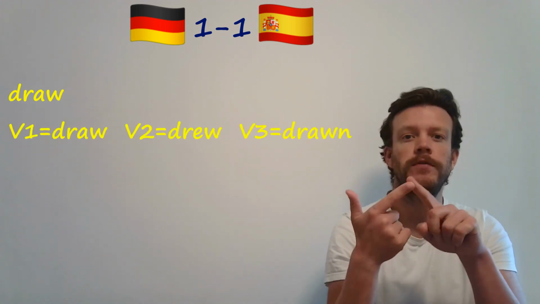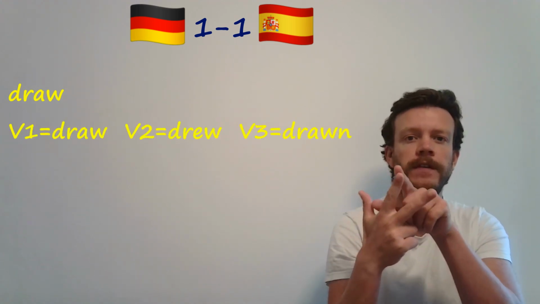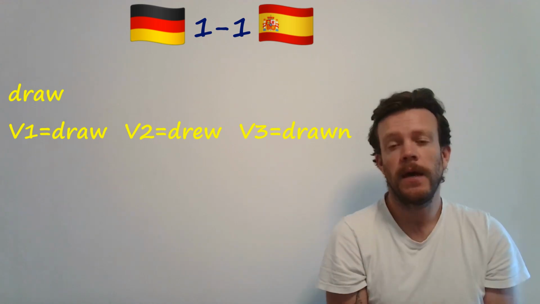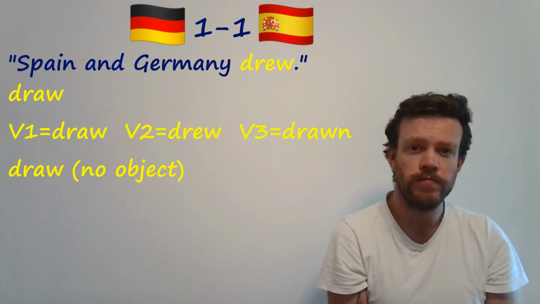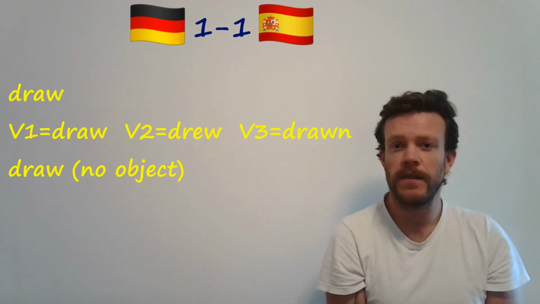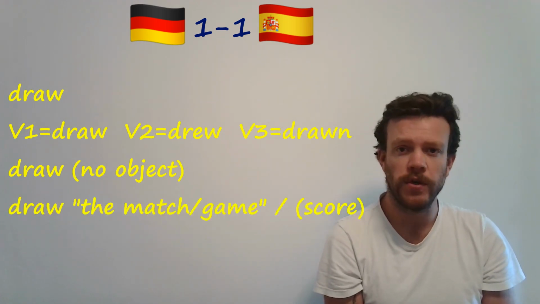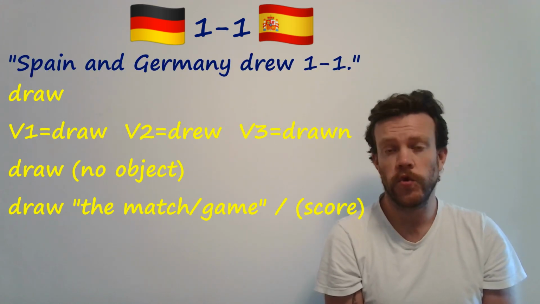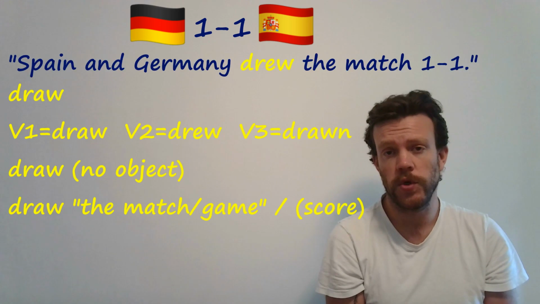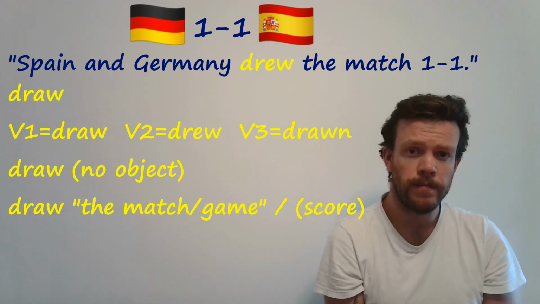And finally, it's a similar thing with the verb draw. Draw, drew, drawn: V1, V2, V3. And we use this with no object. Spain and Germany drew. We use it with the match or score, or match and score. Spain and Germany drew the match, drew 1-1, or drew the match 1-1.